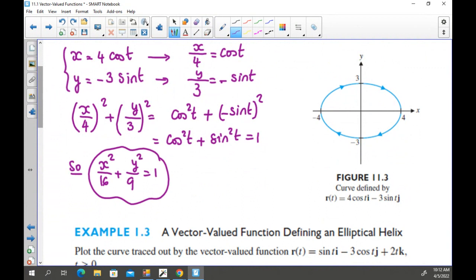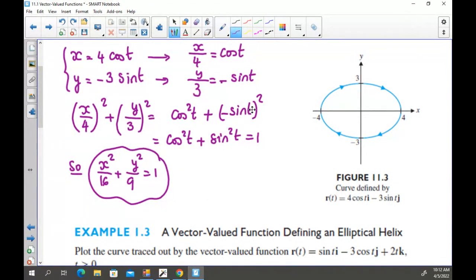Why did I square it? It's because I want the relation between x and y, and the only way I can find the relation between them is to square this and to square this, because I know that cosine squared plus sine squared is always equal to 1.